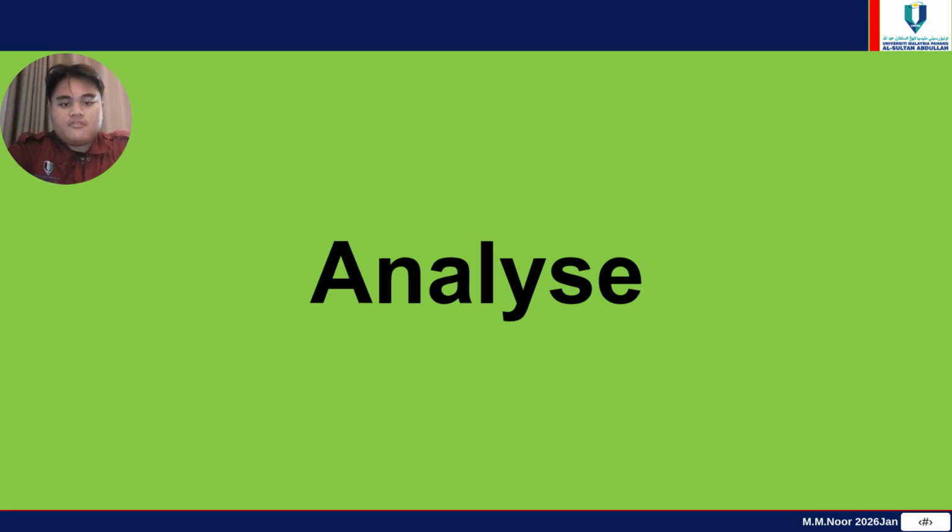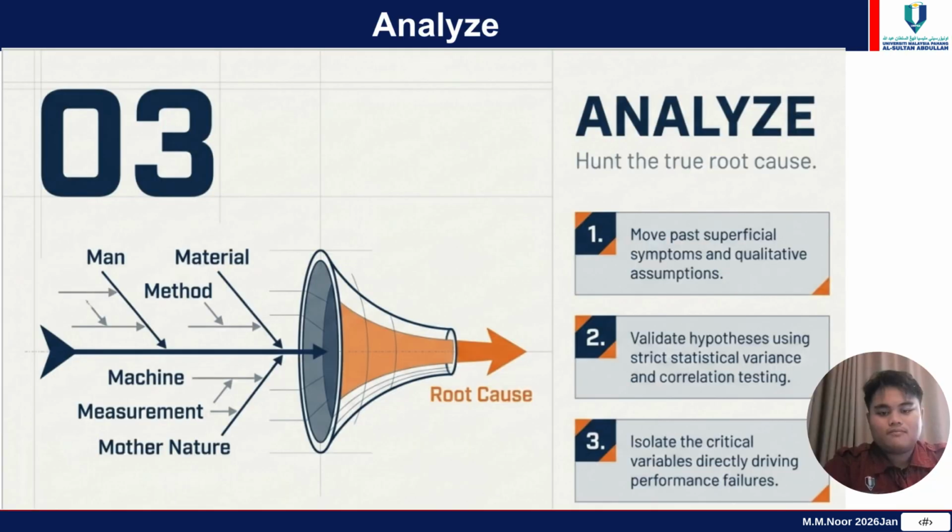Next, with a verified baseline measurement in hand, we advance to phase 3, analyze. This is where the detective work begins. We have the data showing that a problem exists. Now, we must search out exactly why it is happening. The primary function of the analyze phase is to isolate the true root causes of our problem.